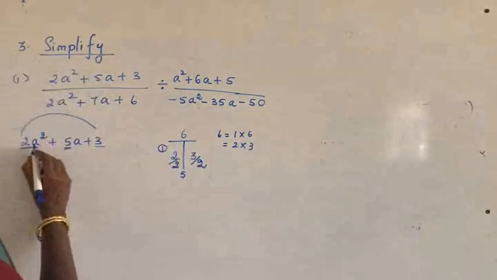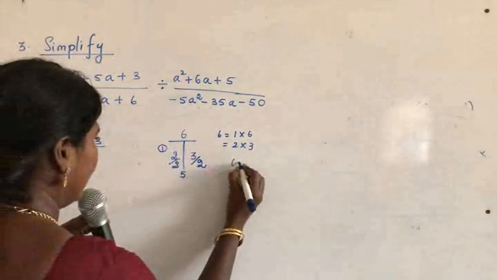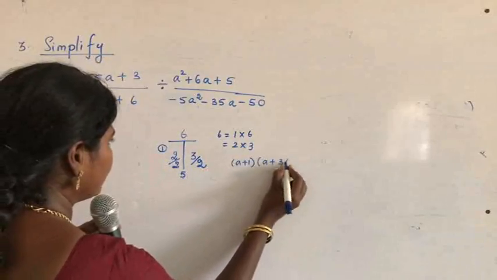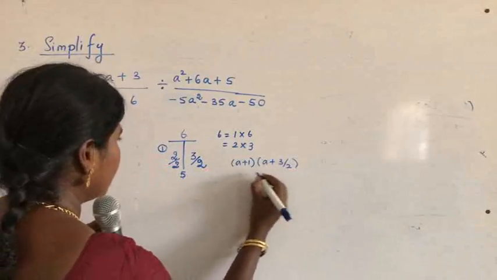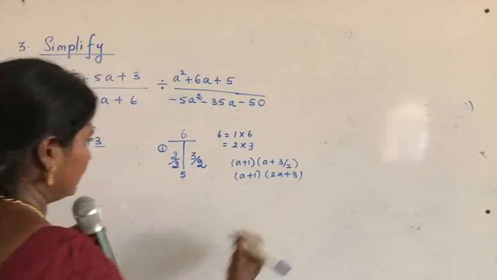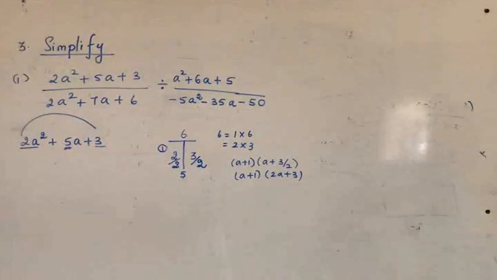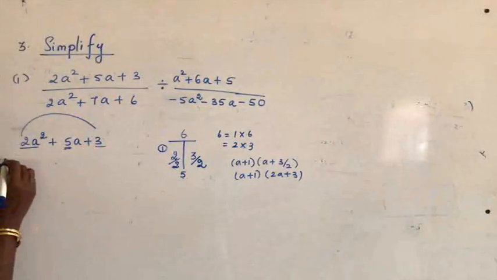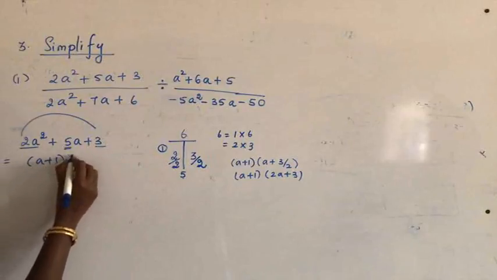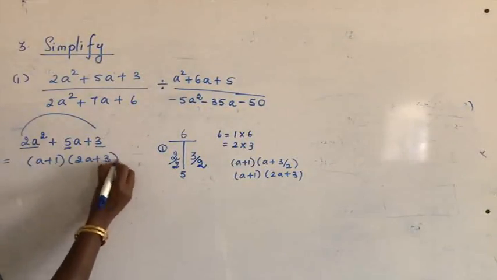What is the variable used here? A. So you'll get a plus 1, a plus 3 by 2. So a plus 3 by 2 can be written as 2a plus 3. So we have got the factors. So how have you factorized this? This becomes a plus 1, 2a plus 3.